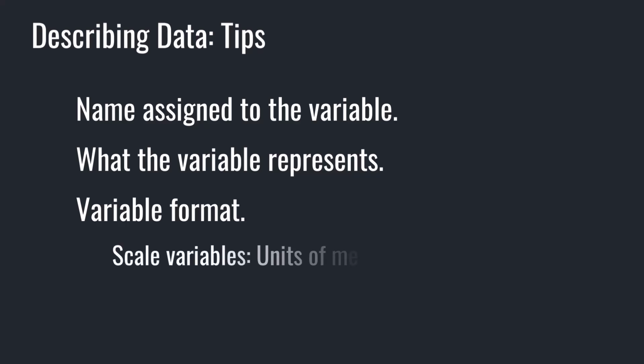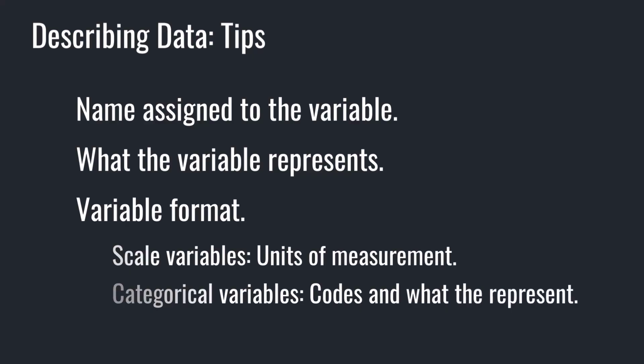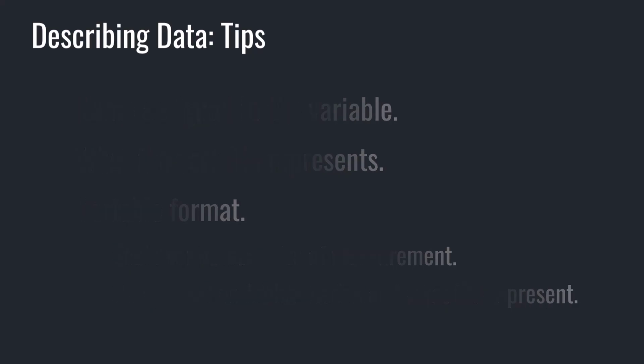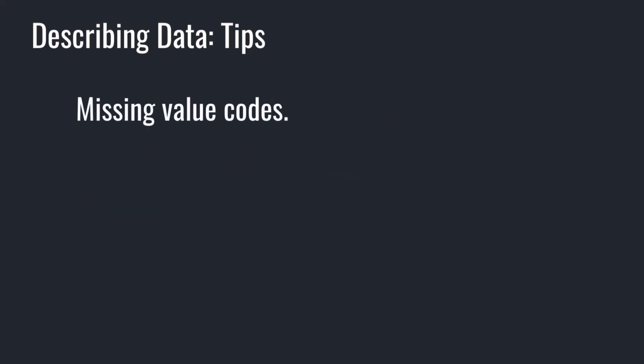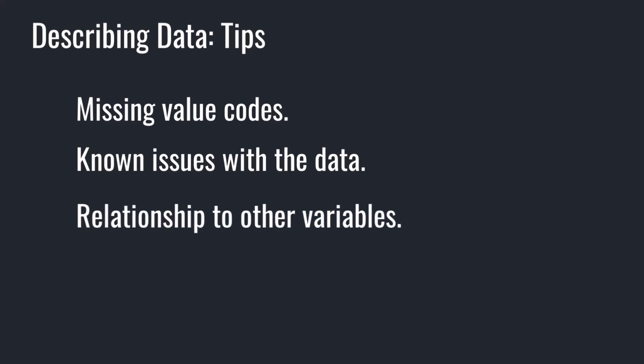For scale variables, include the units of measurement, such as degrees Celsius or US dollars. For categorical variables, if they are coded numerically, note the numeric codes and what they represent. Include missing value codes. Make a note of known issues with the data. These could be systematic errors or missing values. Finally, describe the relationship to other variables, like when a variable is derived from another variable in the data.